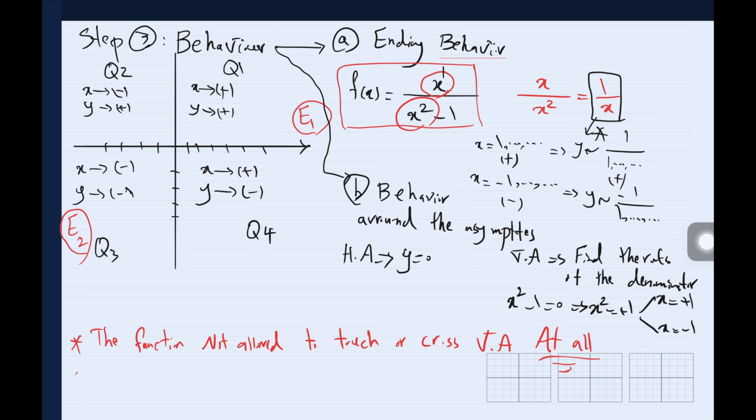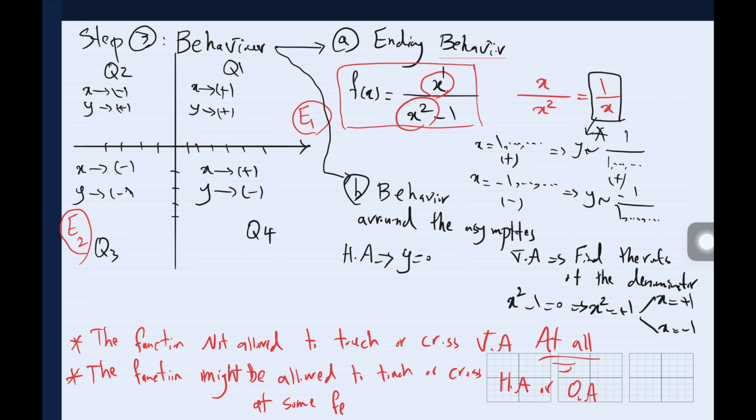However, the function might be allowed to touch or cross a horizontal asymptote or oblique asymptote at some few points.